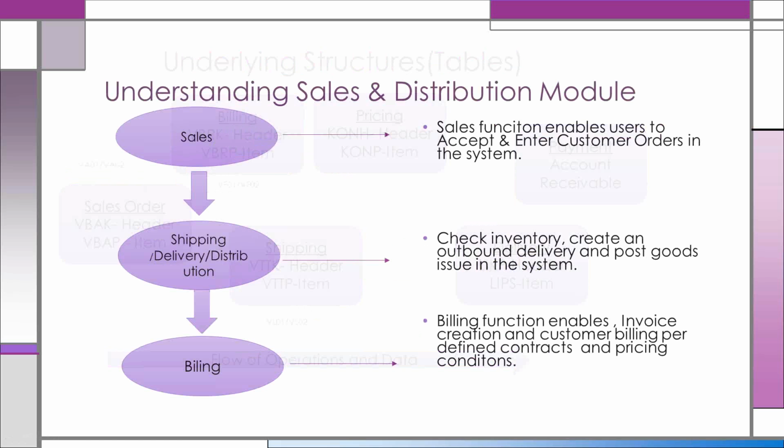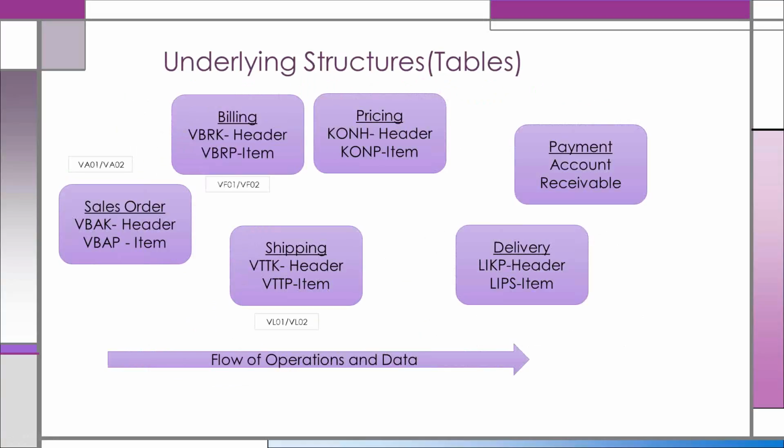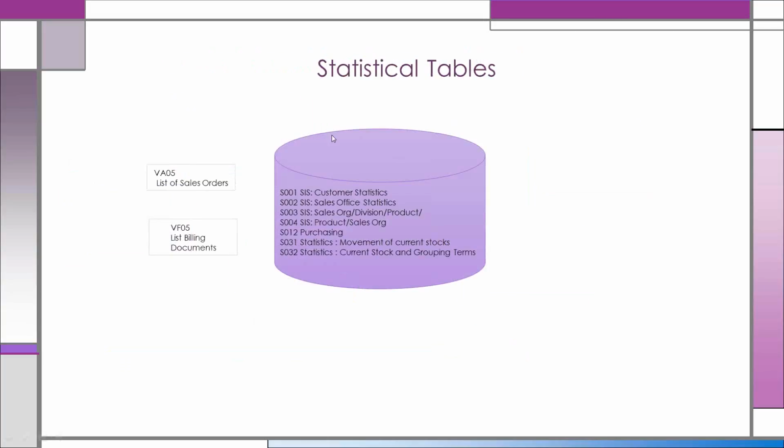In the previous screen you saw the underlying tables. So when a document is posted, or when a sales order is created, the data is stored in multiple places. One is the table itself, which is available in the ECC. Also, it's stored in a place called the statistical table.